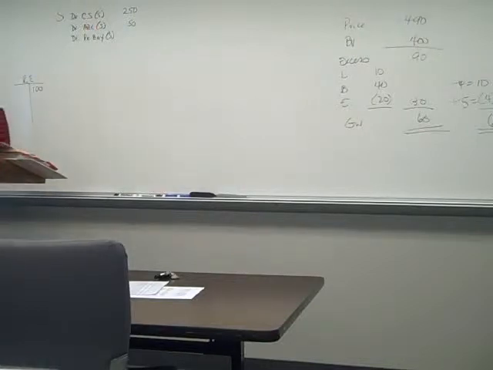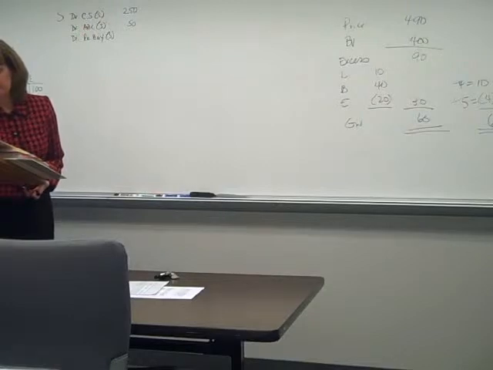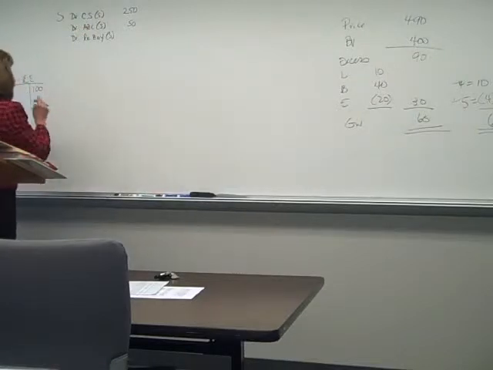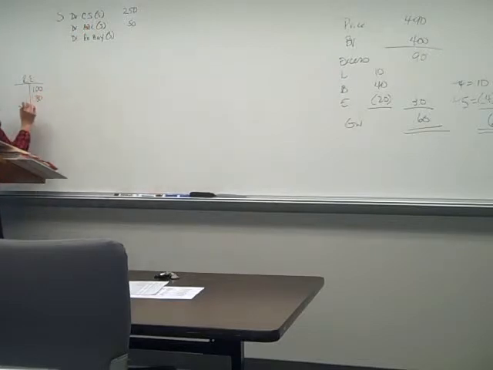Always. That's since chapter 4 of your principles book. Retained earnings goes up for net income, down for dividends. Right? You know this. So what was their net income for the year? Nope, the year before. 80. 80, and dividends? 10.